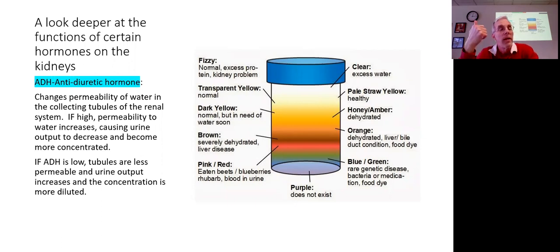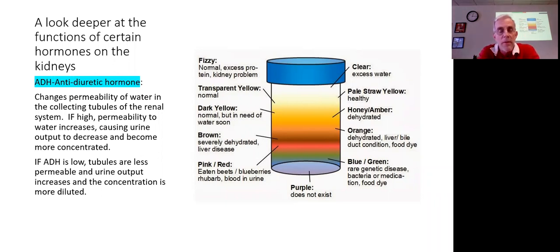But if there's a high rather than a low, the permeability of water increases in the other direction, causing urine output to actually decrease and become more concentrated. In other words, the urine becomes a little darker color because there are more solutes than solvents in the urine output.